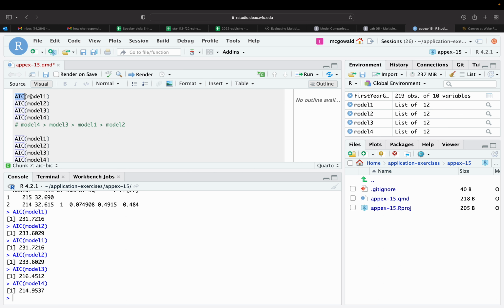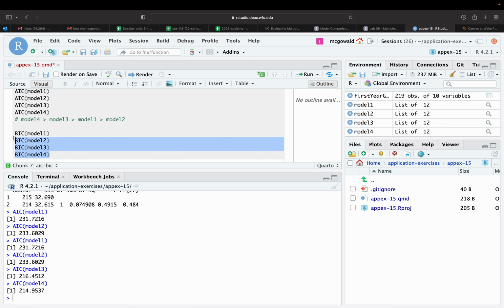If you didn't include that penalty, then the more and more variables you included in a given sample, the better your model would look like it fit, just because you would be overfitting to that data set. So it's a metric that gets at both the goodness of fit, which means how well the data fit the model you picked, and penalizes a little bit for the number of variables.